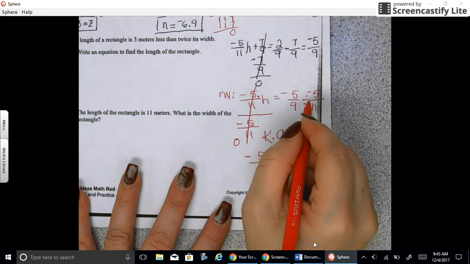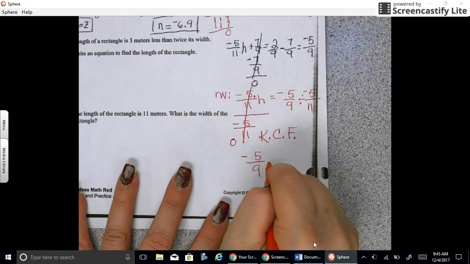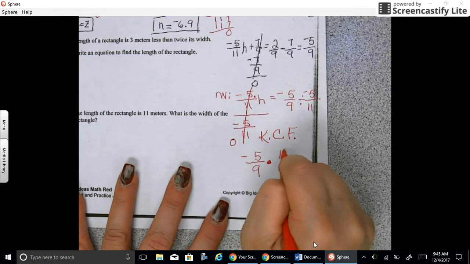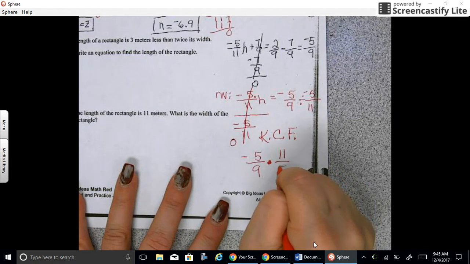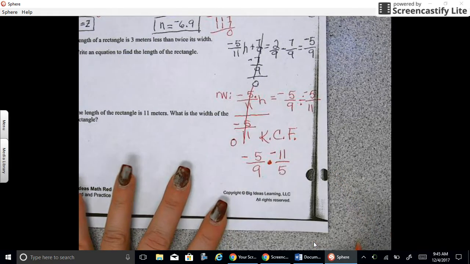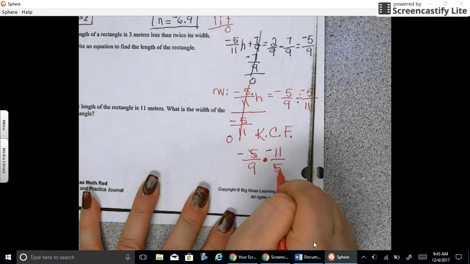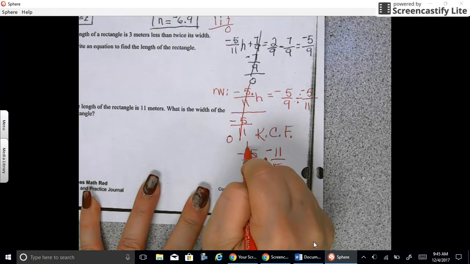I'm changing the division to multiplying, making a big old multiply sign. Now I have to flip and get negative 11 over 5. So now, is there anything I can cross cancel here? The 5s. 5 goes into 5 one time, right? Makes it 1 and a 1.